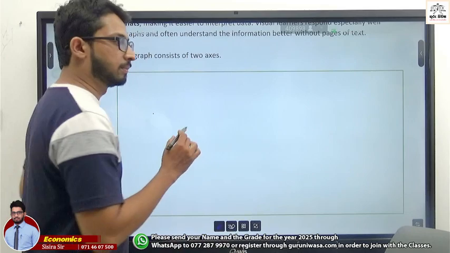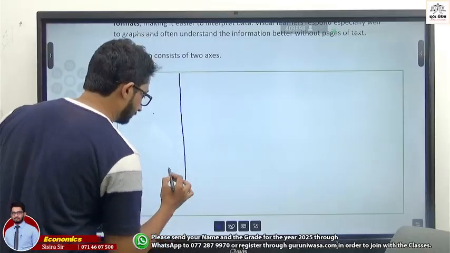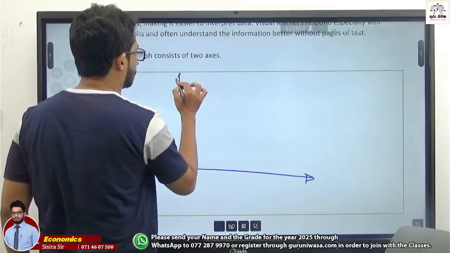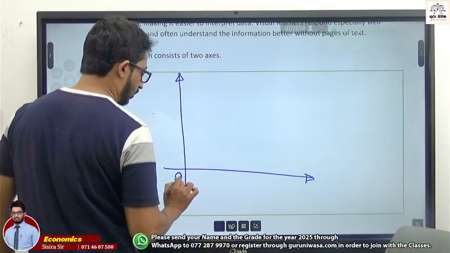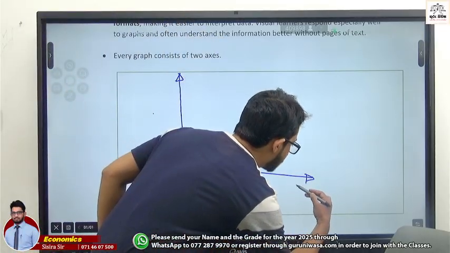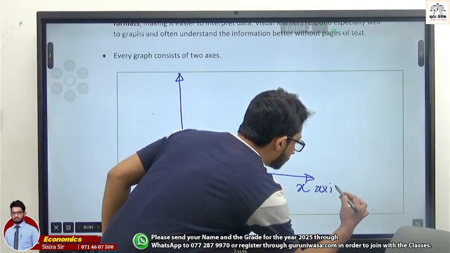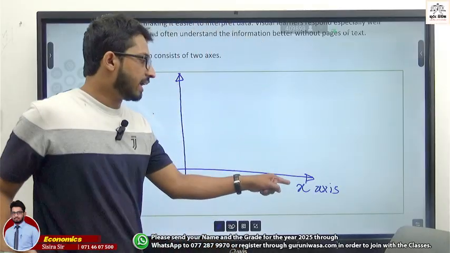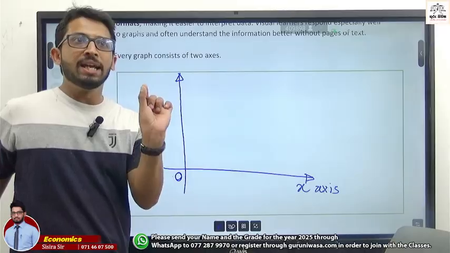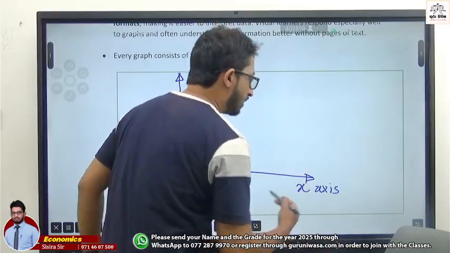Write this down. This is 0, my origin. Can you remember? Origin. This is the x-axis. Remember, my x-axis is used to show the independent variable. Remember forever.